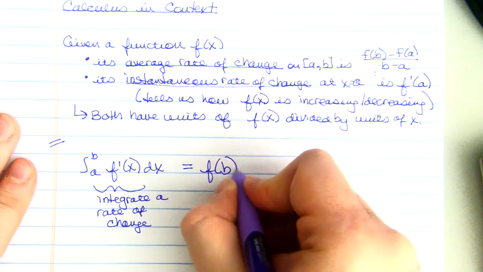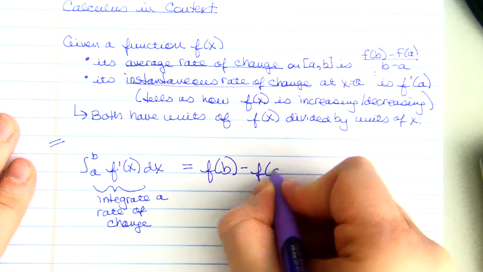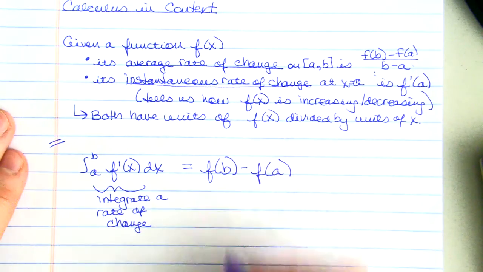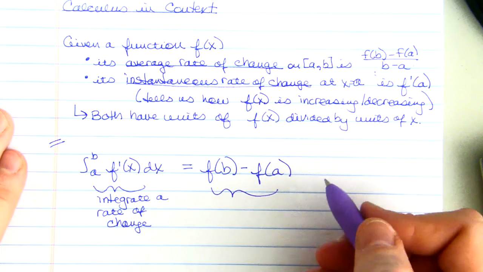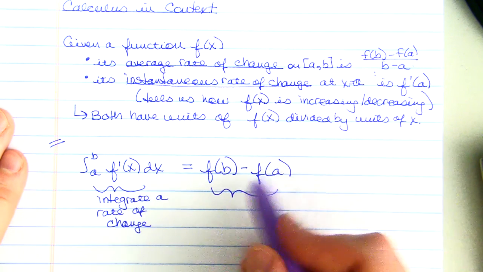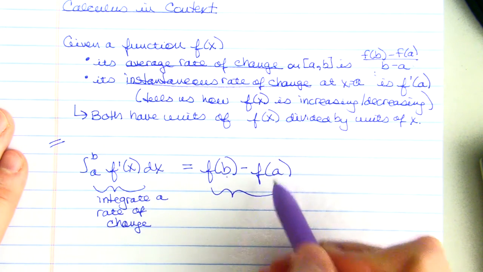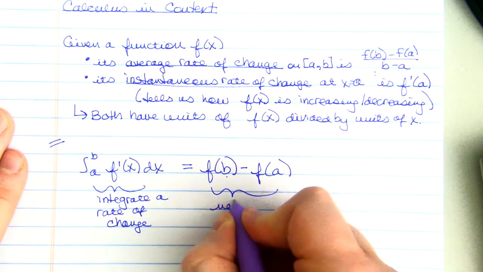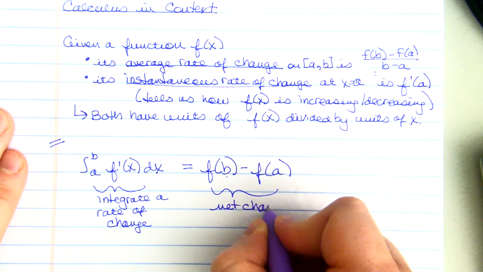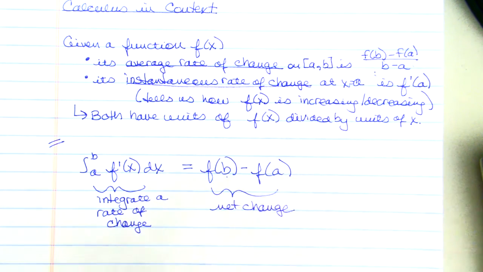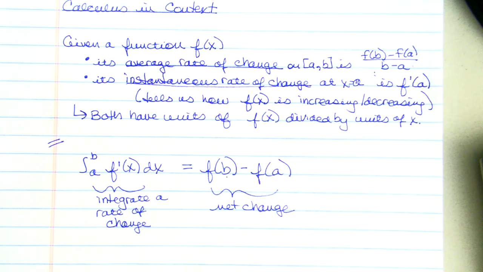I'm going to say f of b minus f of a. What is this? Well, f is like the amount of the original thing. This is the amount at time b minus the amount at time a. We're going to call this our net change. The integral from a to b of f prime of x dx equals f of b minus f of a. If you integrate a derivative, if you integrate a rate of change, you get the net change in something.